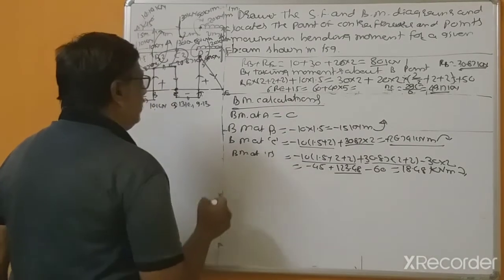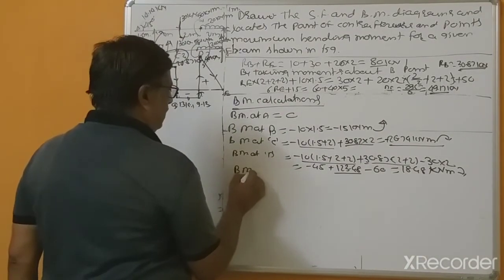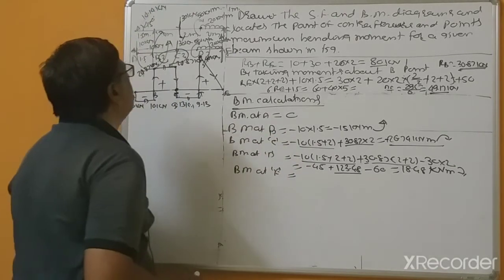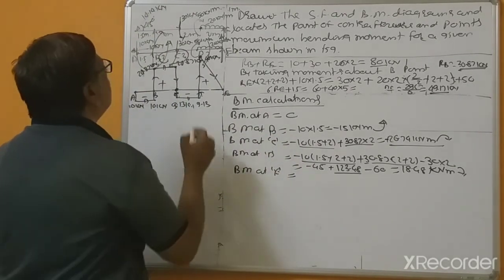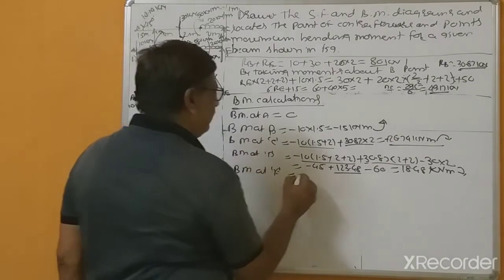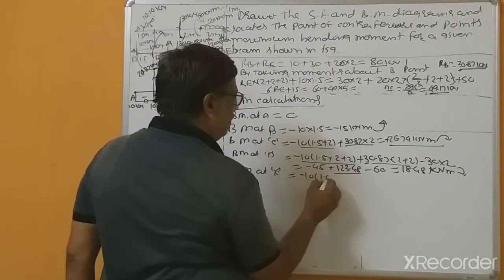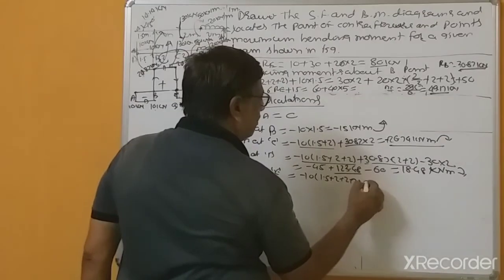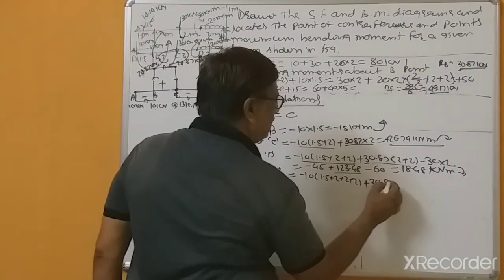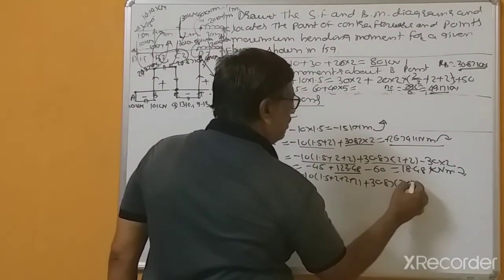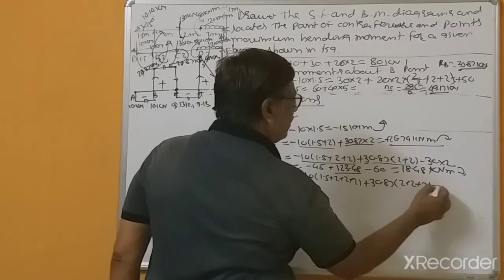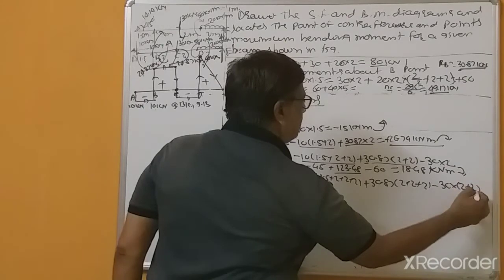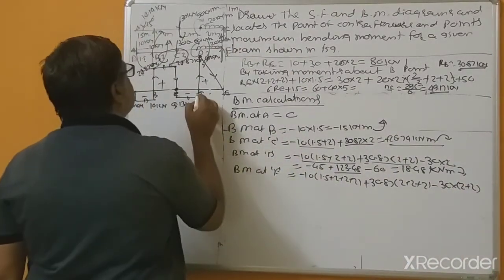Bending moment at D point. Bending moment at E point equal to. Now this distance increases: 1.5 plus 2 plus 2, plus 30.87 here 2 plus 2, minus 30 into 2 plus 2, and this moment.